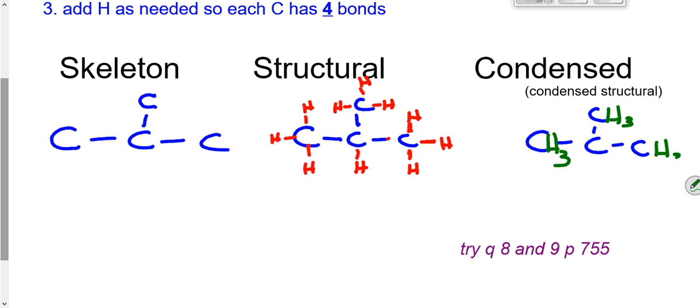This central carbon that we have here has already got 3 bonds. It only needed 1 more, so I'm just going to go CH. I wouldn't write CH1. We always assume the number 1 in chemistry. It's important that you remember to put a capital letter H, because capital H is the correct symbol for hydrogen. I'm going to get you guys to practice drawing skeletal, structural, and condensed for all of our alkanes.